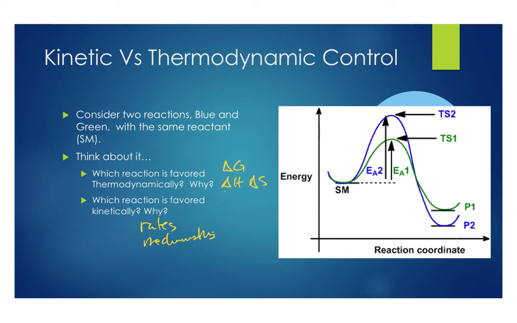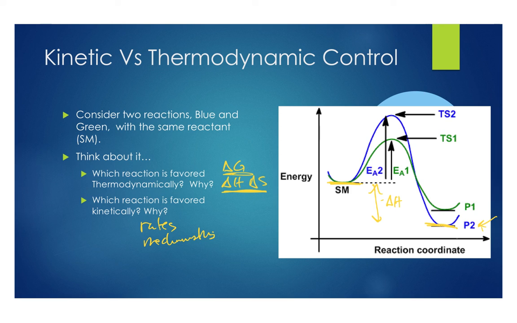In other words, which one is more likely to happen based on the beginnings and the ends? We'll see that P2, the blue one, has a greater delta H in magnitude than P1 does. So we would say P2 is thermodynamically favored.